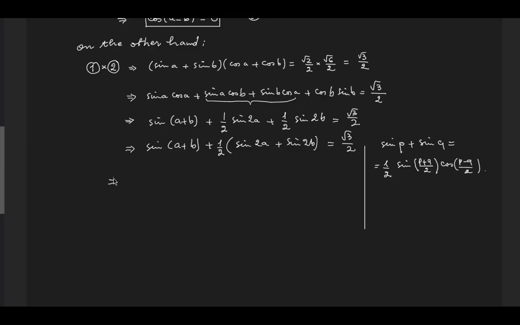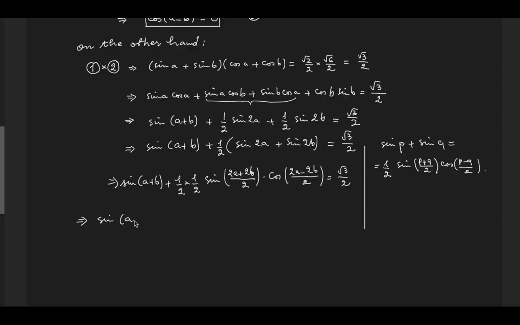If we apply this identity, the sum becomes sine of 2a plus 2b over 2 times cosine of 2a minus 2b over 2, all equal to square root of 3 over 2.